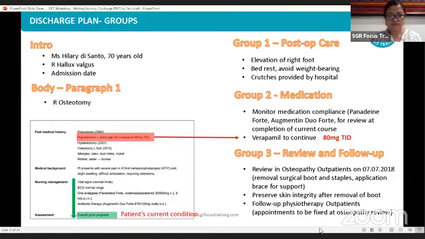Okay, right. If you notice, we skip the medical background in terms of how the patient presented when she was admitted to the hospital for the right osteotomy. This is not going to be as relevant to the nurse in charge. The nurse in charge would be focusing on the continued care and management that your patient would still be requiring after the surgery.